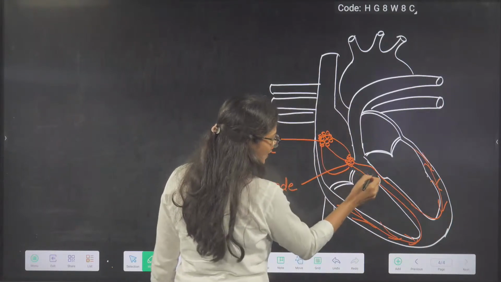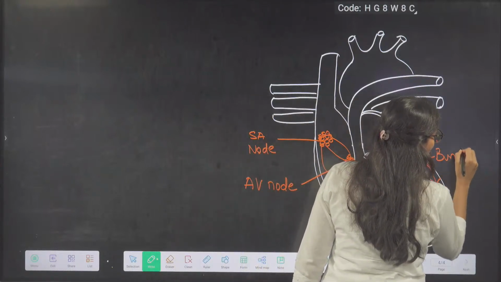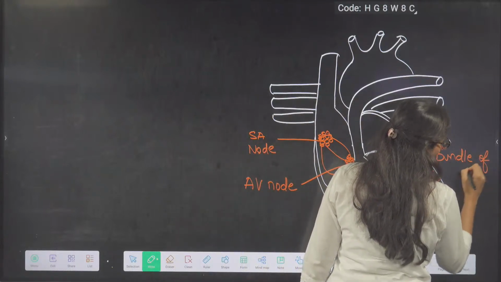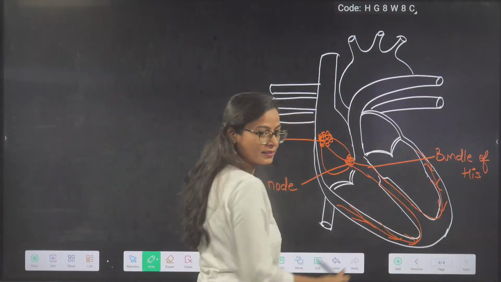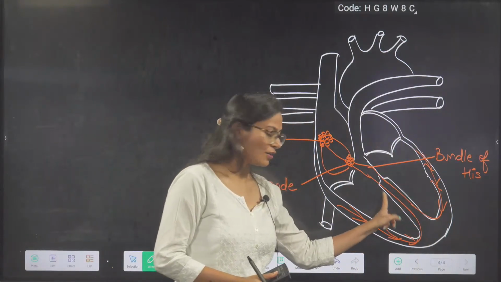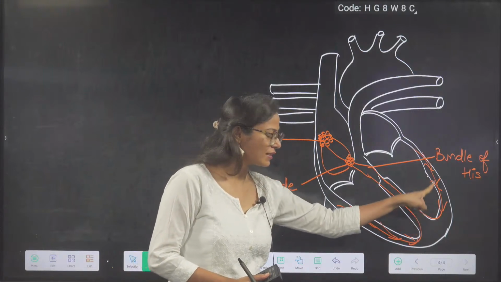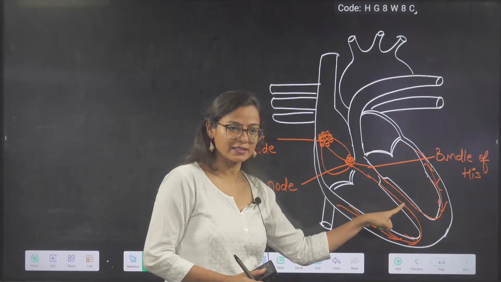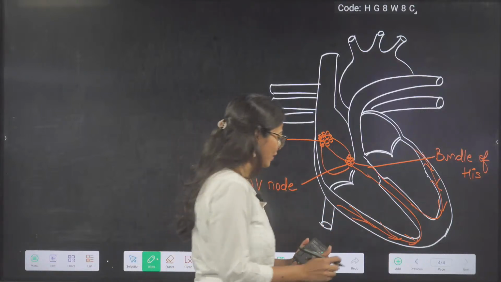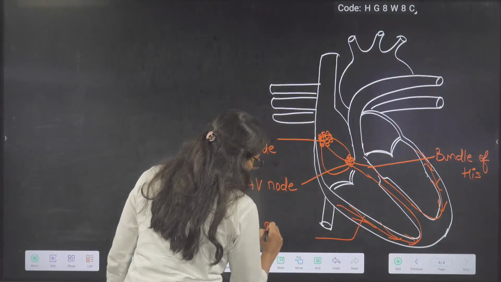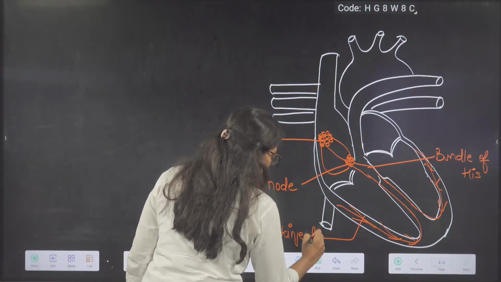So these are called the bundle of His, and finally these two, the right bundle and the left bundle. Can you see, they are just covering the ventricle. These muscle tissues are present in the ventricular region. So this is called Purkinje fibers.